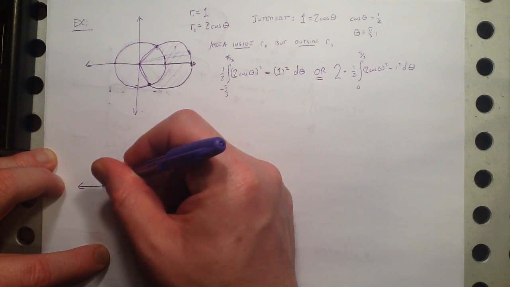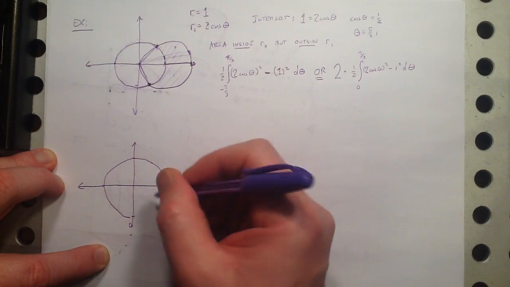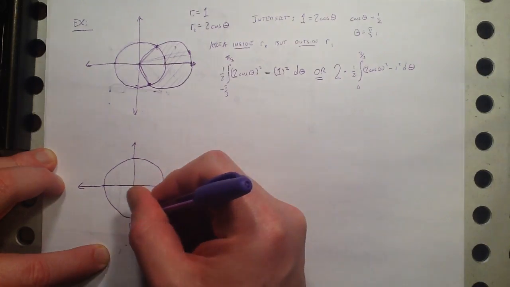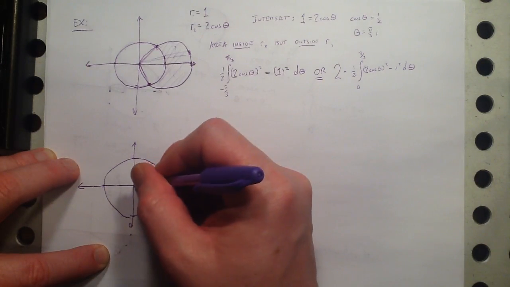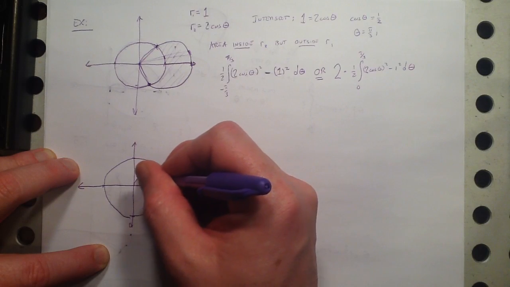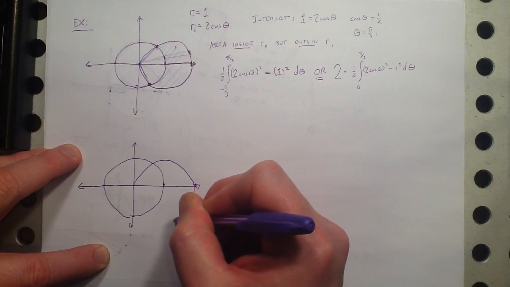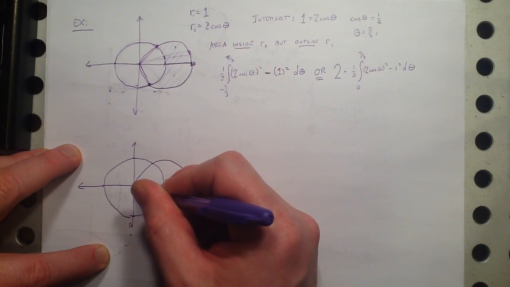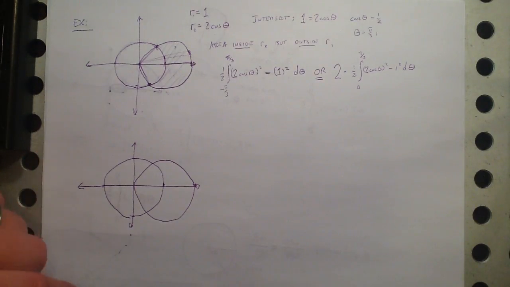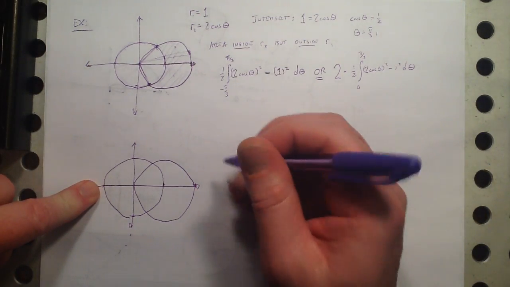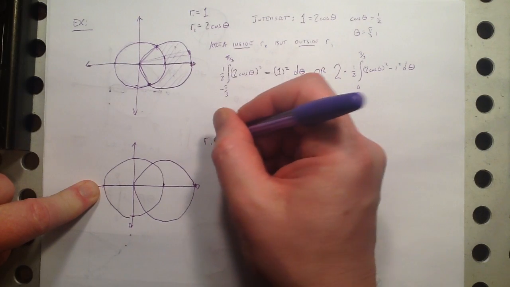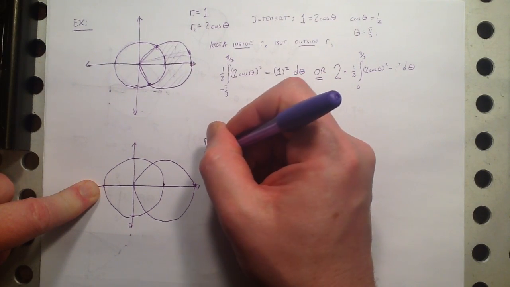I'm going to use the same functions here, or curves, but I'm going to do a different area, so make a new version of it. Well, I tried. Okay, so same one, r1 equals 1, r2 equals 2.